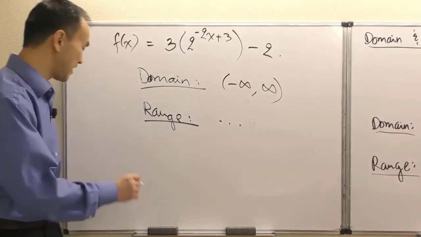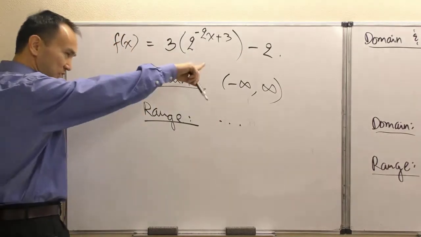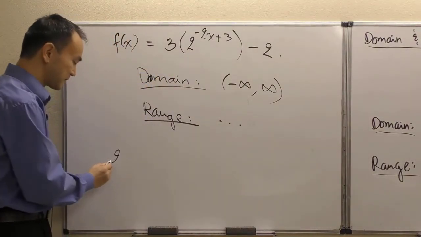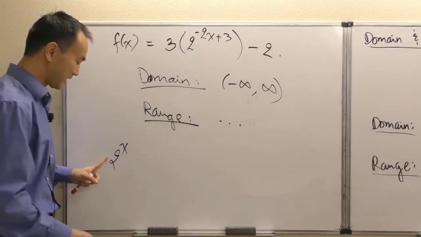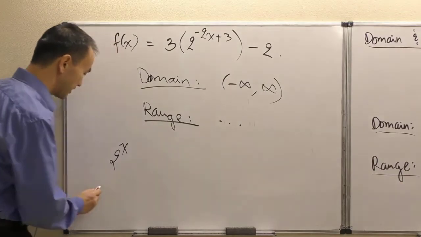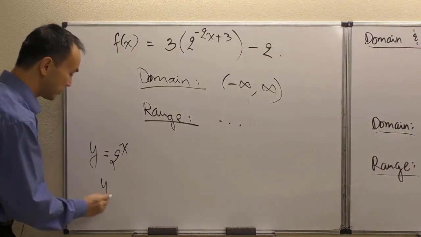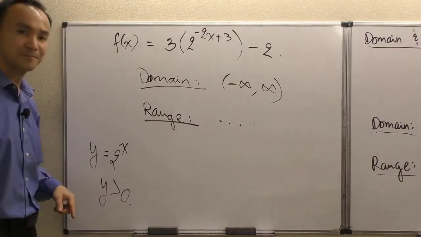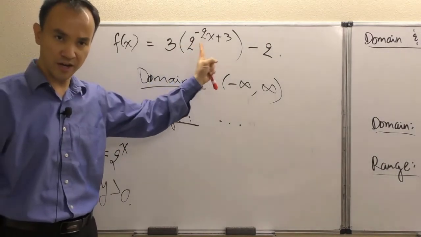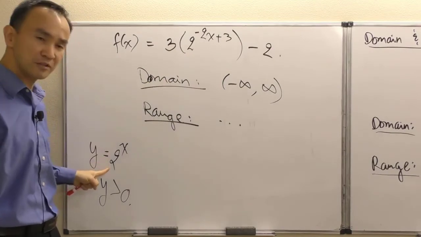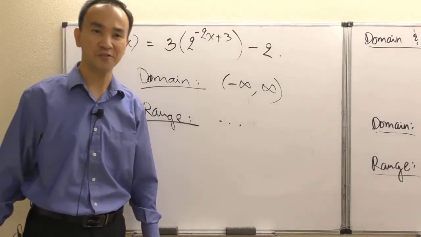And we always stay focused on the fact that this function in the end is a transformed version of the parent 2 to the x function. For y equals 2 to the x, we know that y is always positive. But this is not the same range for this one. You can think of it as a transformation of 2 to the x and then start finding out the range for that.